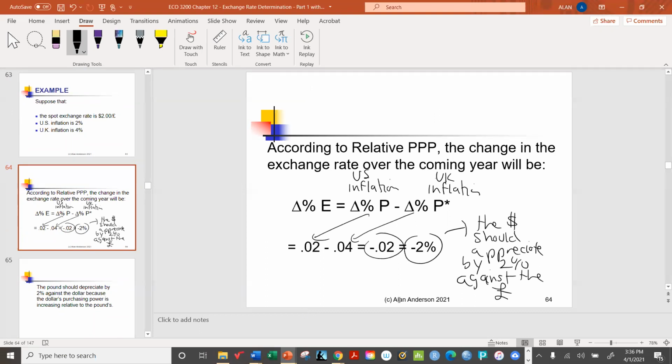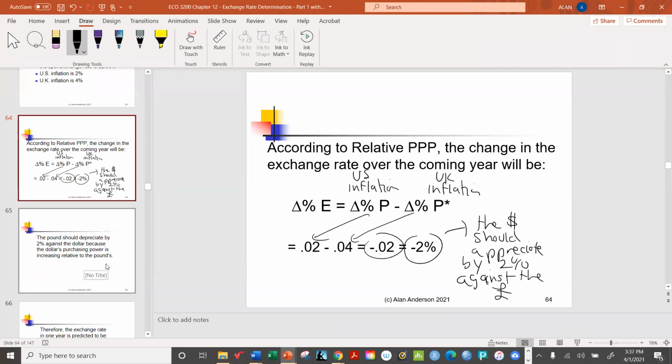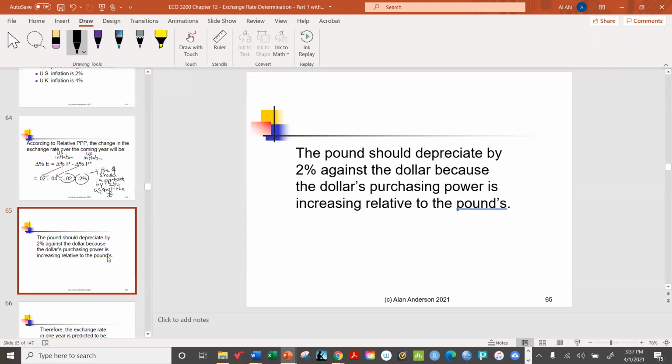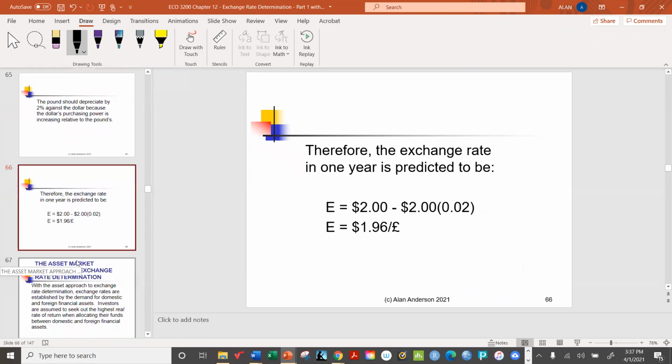Now, whether it happens or not is a different story, because this is assuming that nothing else changes. But it is saying that the fact that we have lower inflation in the UK should put pressure on the dollar to get stronger. And in this case, the drop of 2% would bring it down to $1.96 from $2, meaning a 2% stronger dollar.